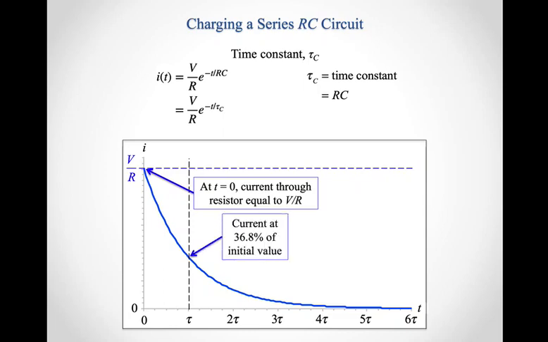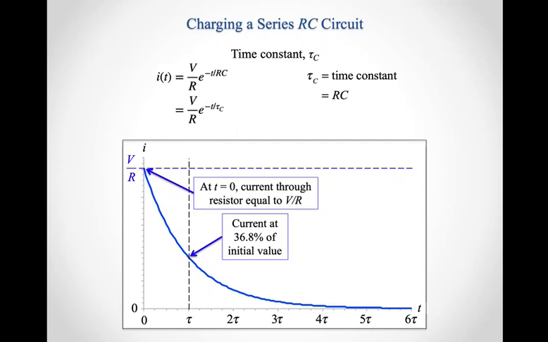At one time constant, notice that it has already fallen off to the point where this is e to the negative 1, that's 1 over e, which is basically 0.368, so the current will have fallen off to 36.8% of its initial value after one time constant. Roughly speaking, after one time constant, the current will have dropped to about 1/3 of its initial value.